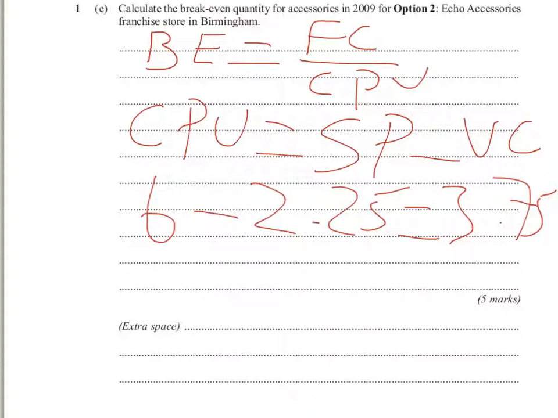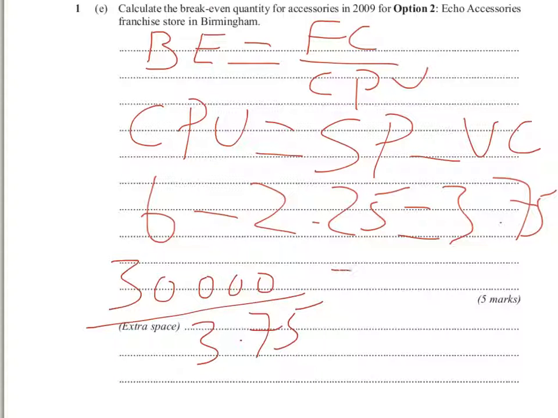The fixed costs are given to you, which are 30,000. So you then divide this by the contribution per unit, which will show you that in order to break even, Echo Accessories, in regards to option 2, will have to sell 8,000 units. Therefore, 8,000 units is the correct answer, which will give you 5 marks.